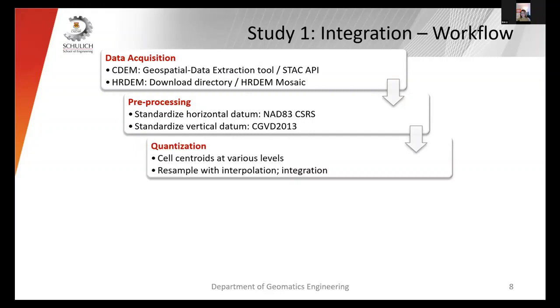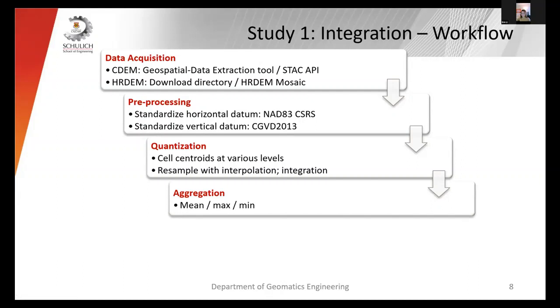Then the quantization means to first find the cell centroids at various levels, then resample them with bilinear interpolation. If a cell gets two different elevation values from the two original data sources, then we do integration by giving more priority to the high resolution DEM.